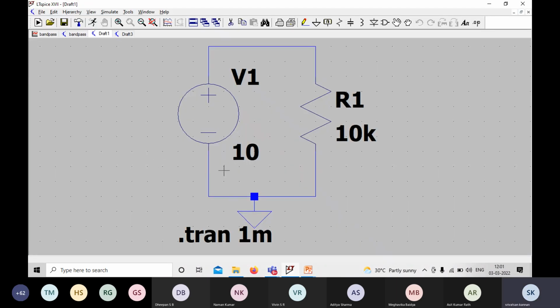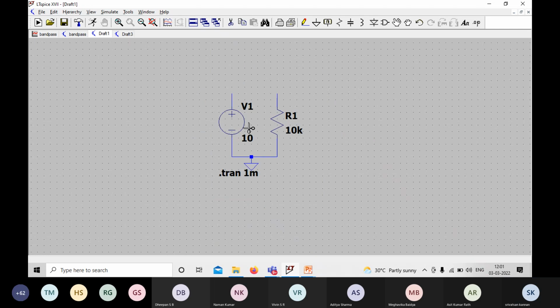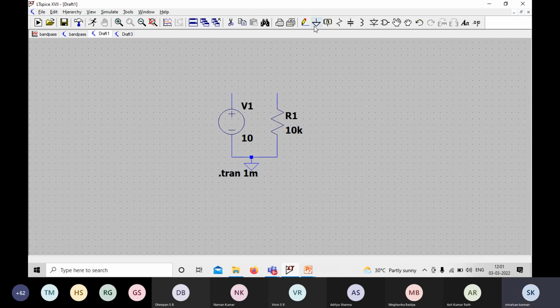Okay, so we can construct a circuit. Let us take a simple circuit, and you can use a diode.